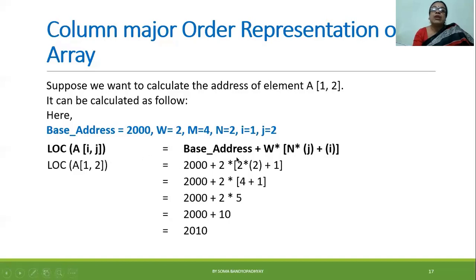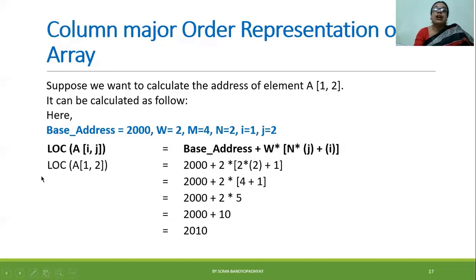So we can calculate using the expression: base address plus w into (n into j plus i). In place of base address we put 2000 plus, with w equal to 2, 2 into (2 into 2 plus 1). So we calculate 4 plus 1, that is 5, 5 into 2, that is 10. So the memory location is 2010.